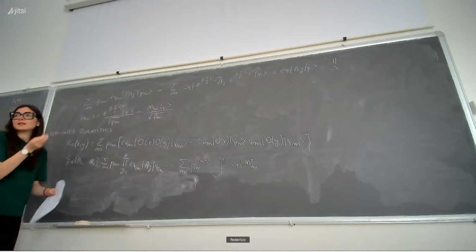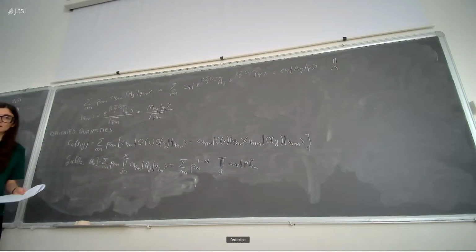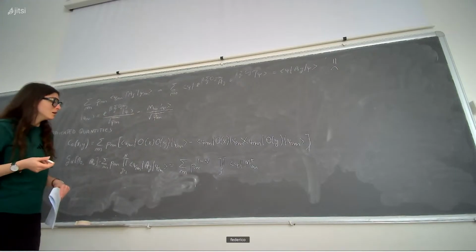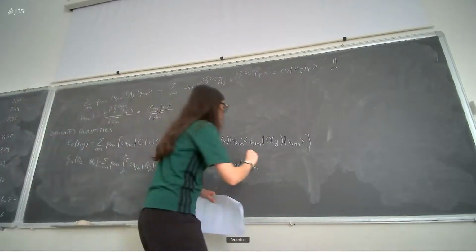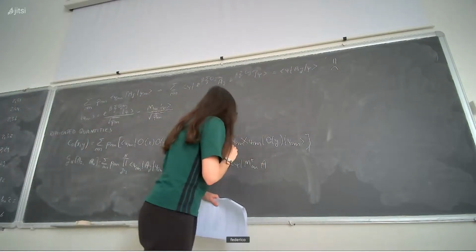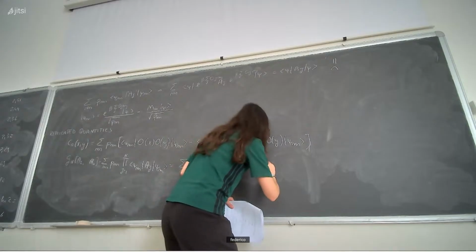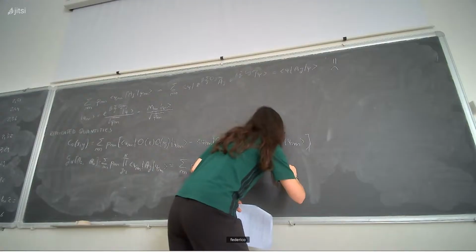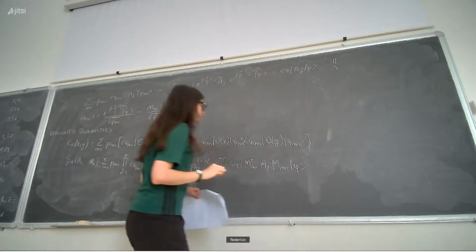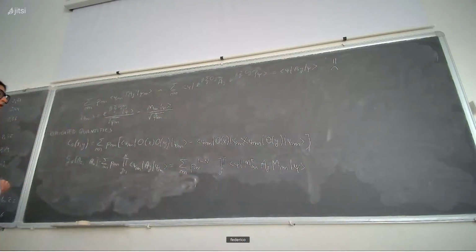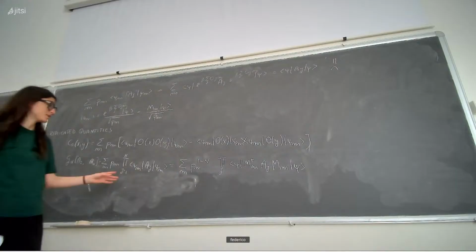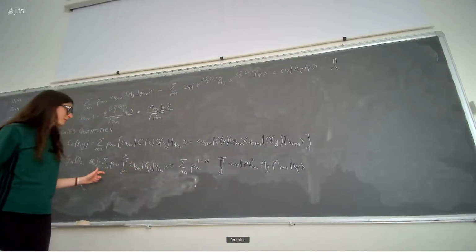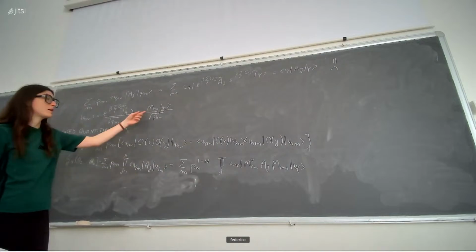They can be the same, but they don't have to be the same. Here I'm just writing this expectation value using the fact that psi of m takes this form.